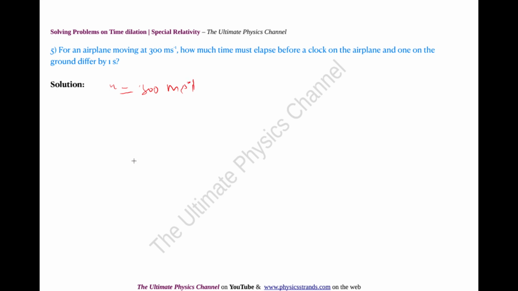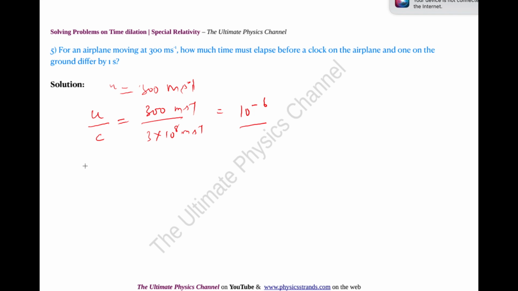And therefore, again the same thing that we can do here. u by c we can calculate first: 300 over 3 into 10 power 8 meters per second. That would be 10 power minus 6 as the ratio u over c.